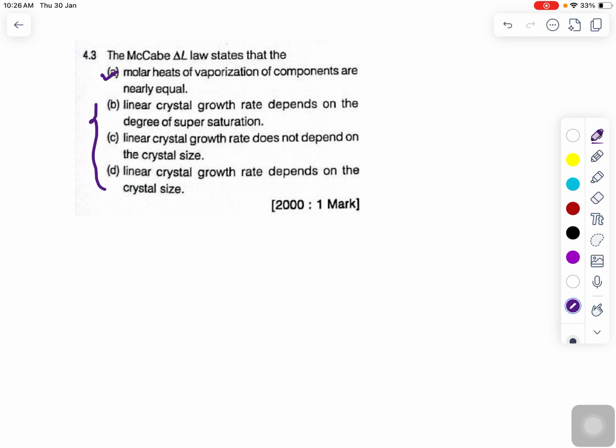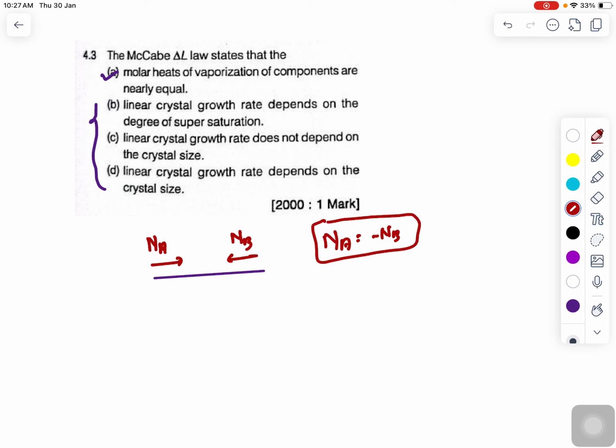And again, we assume that if a particular tray is there in the distillation column, equimolar counter diffusion happens. So if it is Na, then there will be Nb, so Na equals minus Nb. The heat required for the vaporization of the more volatile component will be equal to the heat lost by condensation of the less volatile component. So I can write Na lambda A equals minus Nb lambda B, because one is going to lose heat and the other is going to gain heat.